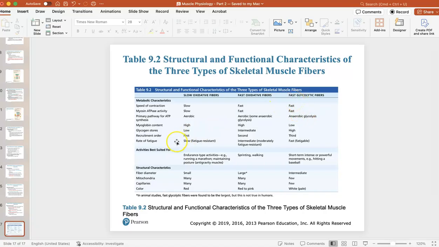The 1s are fatigue resistant. The 2Bs are fatigue prone. The 1s are small, with a smaller diameter. The 2Bs are the biggest. The 1s are red in color. The 2Bs are white in color. Look at that. 4 characteristics, a perfect compare and contrast.